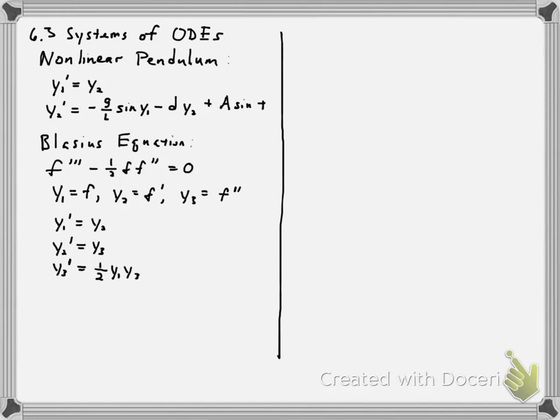Okay, so now we're going to go and write down a general two-dimensional first order system. So the general first order two-dimensional system.